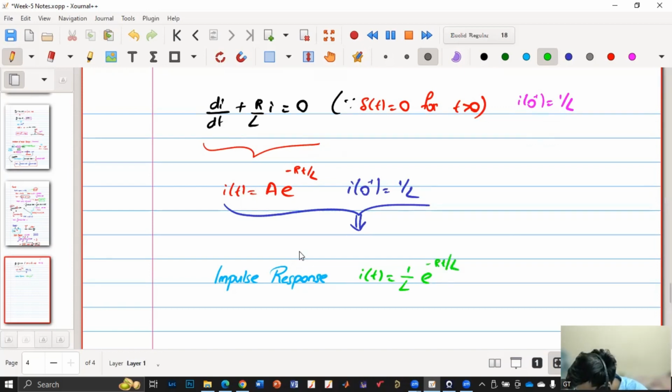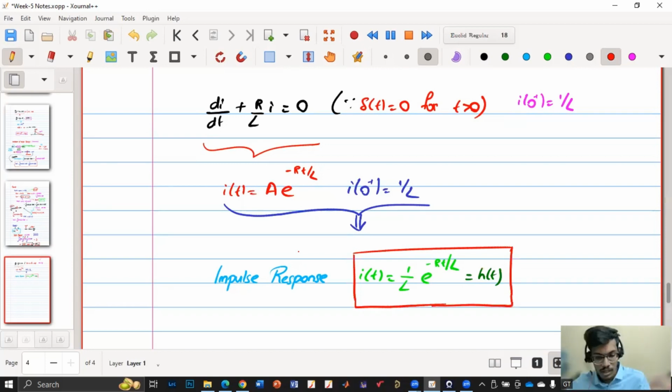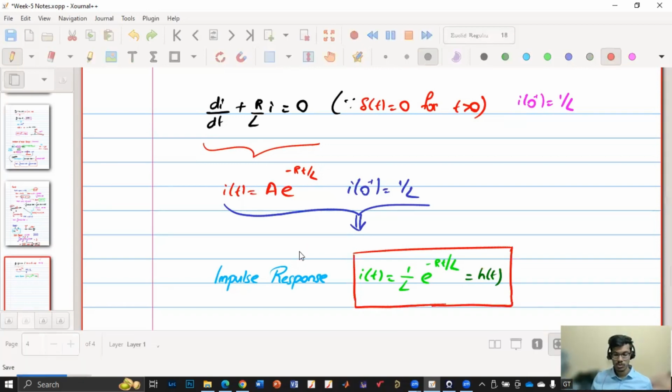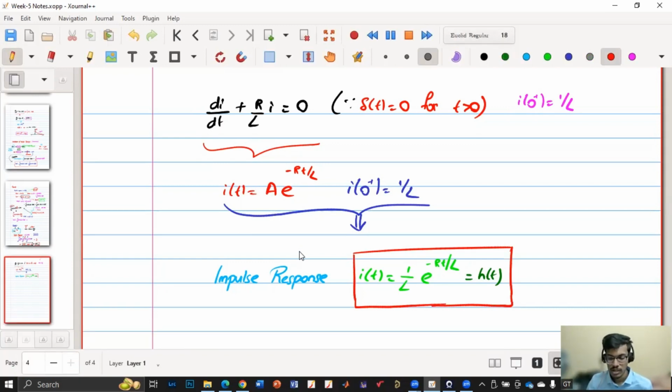So this I can also consider as h of t because we are using the same notation, and we'll understand better. So for this system, the impulse response is h of t, which is 1 by L into e to the power minus Rt by L. Now, what is the advantage of this?